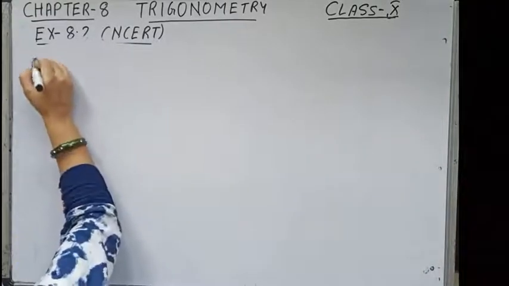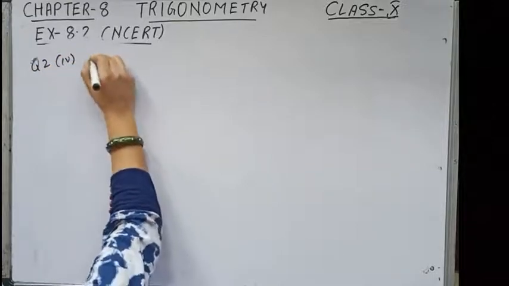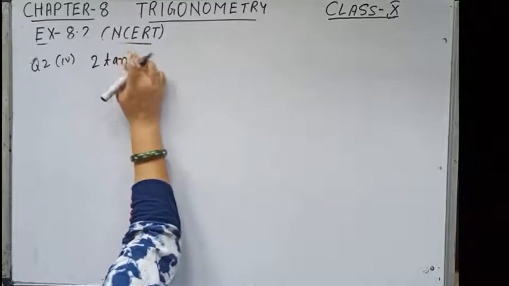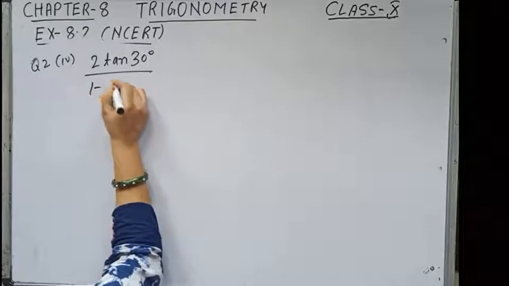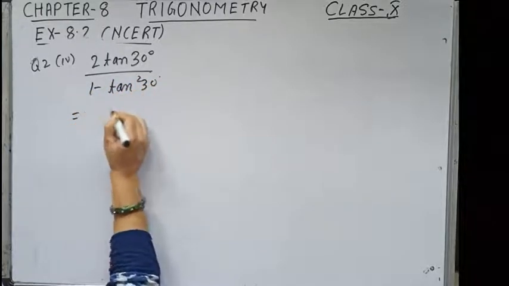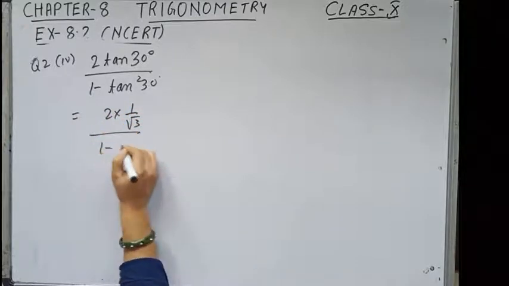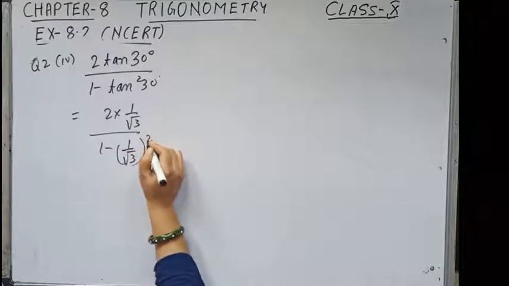Question number 2, subpart number 4. It is saying 2 tan 30 degree by 1 minus tan square 30 degree. Now 2 into 1 by root 3 by 1 minus 1 by root 3 whole square.